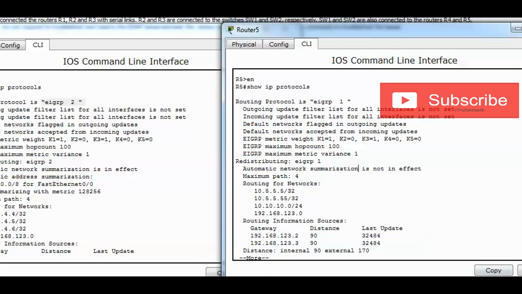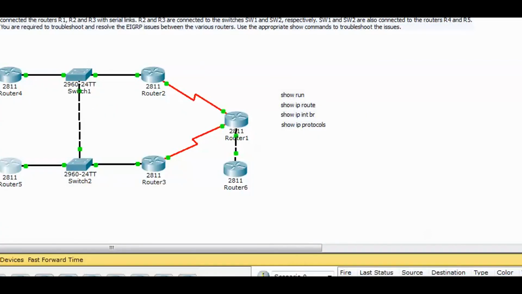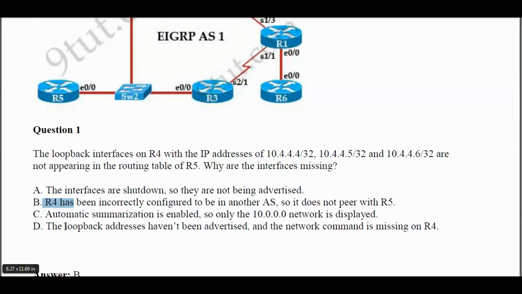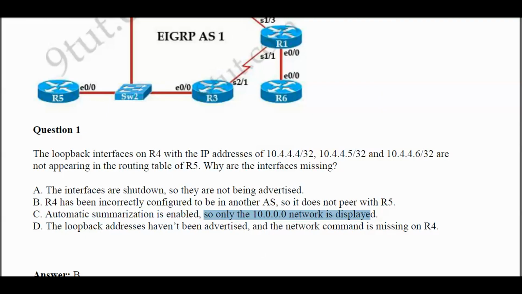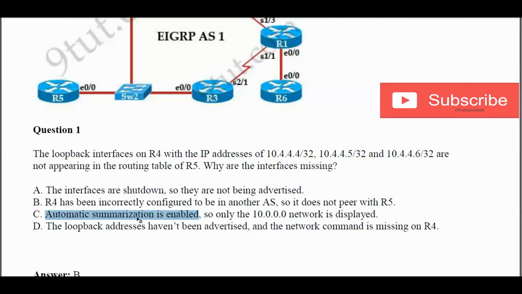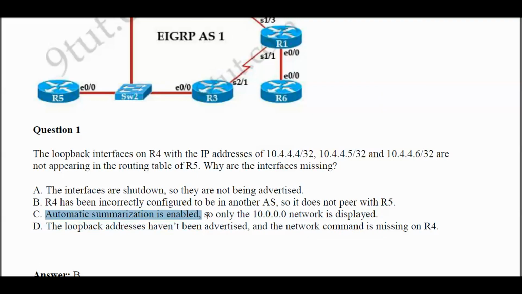So now let's try the possible answer letter C. Automatic summarization is enabled, so only the 10.0.0.0 network is displayed. Again, automatic summarization is enabled, so this is the cause of the problem, and only the 10.0.0.0 network is displayed, so this is the effect.